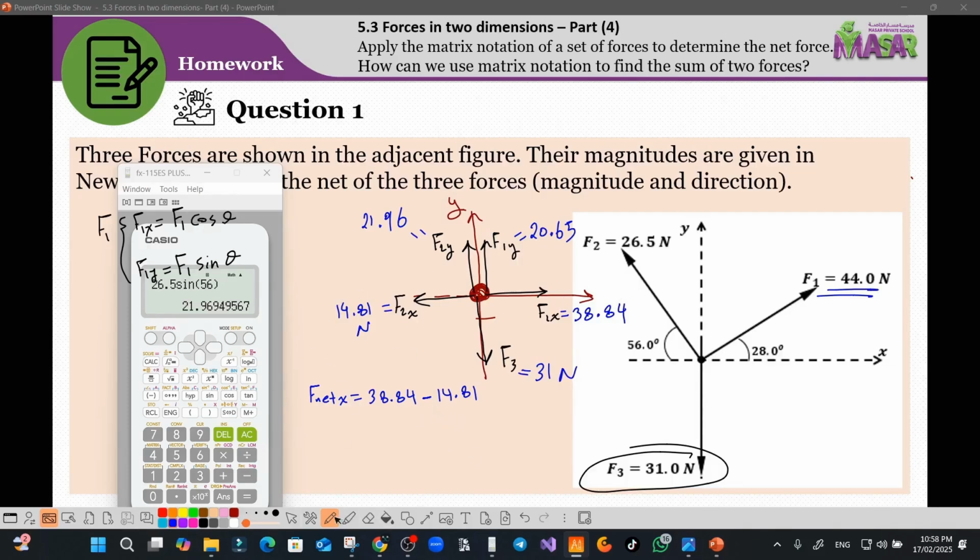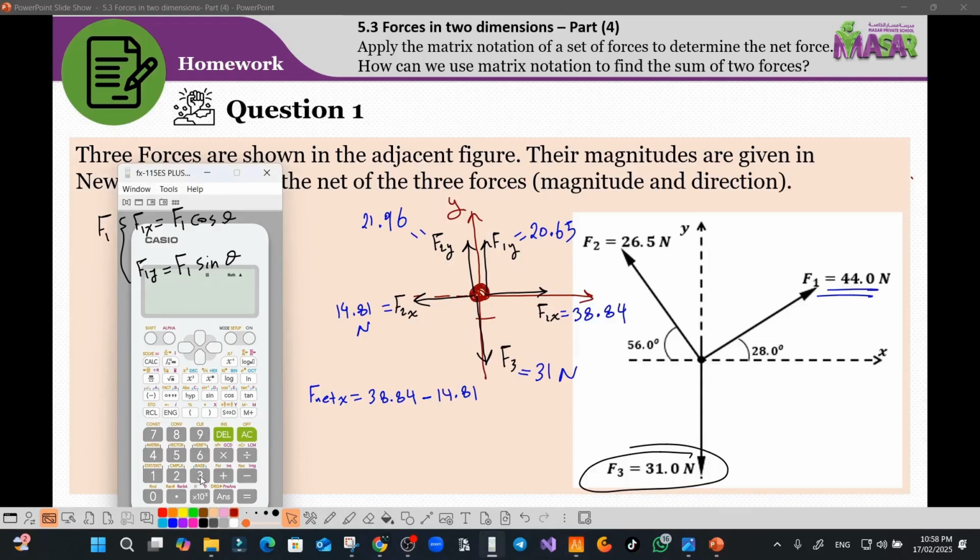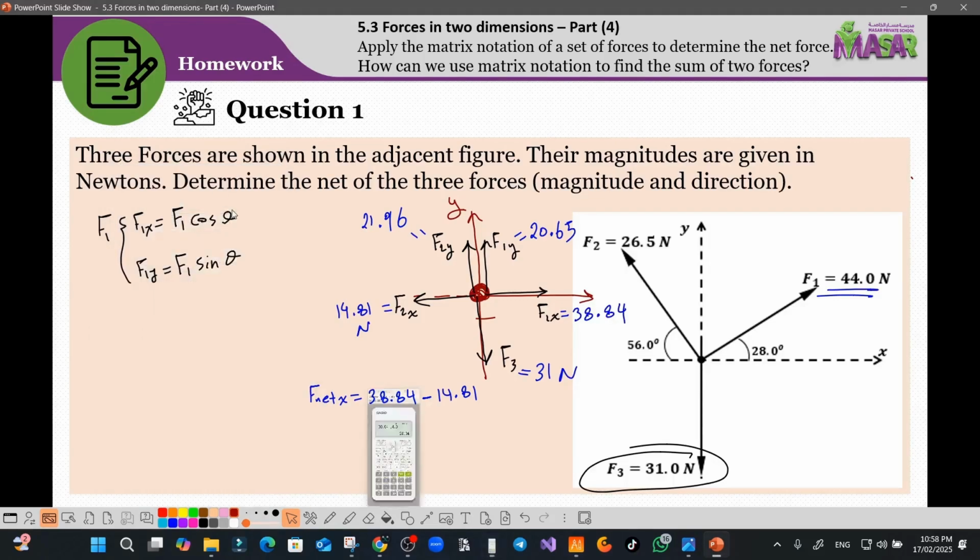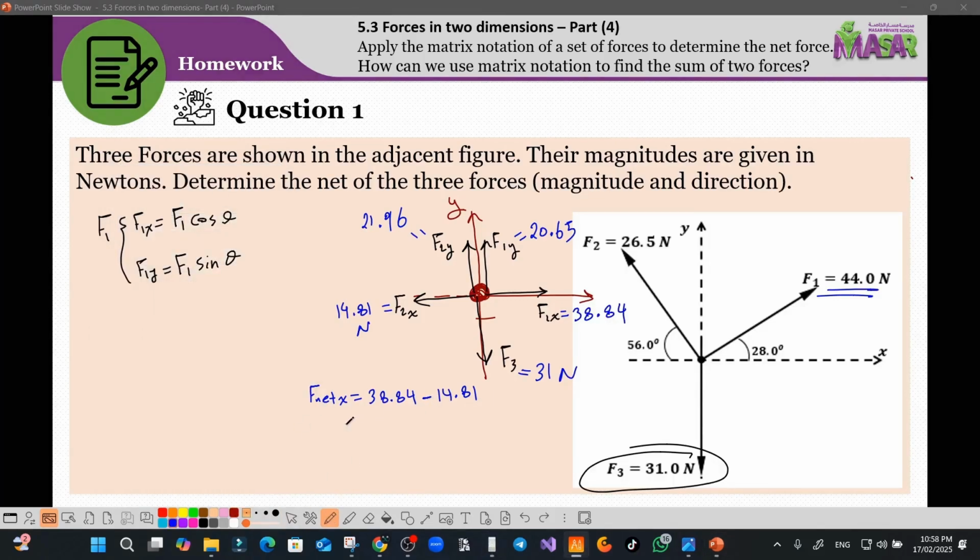Now let's find the net along the x-axis: 38.84 minus 14.8. So the answer is 24.04. Now we have the Fnet x. Now it's time to find the Fnet y. Plus 20.65, and the other force is 21.96.